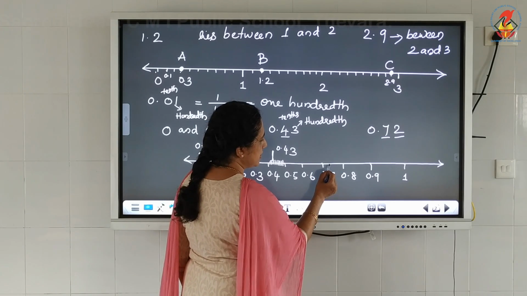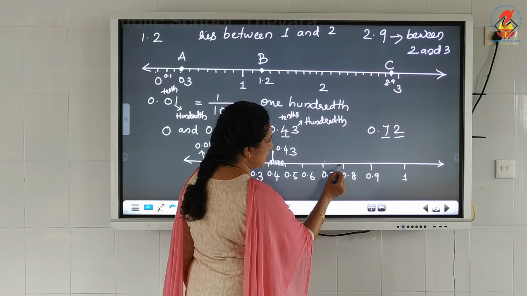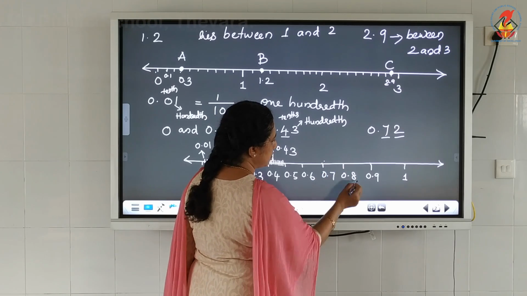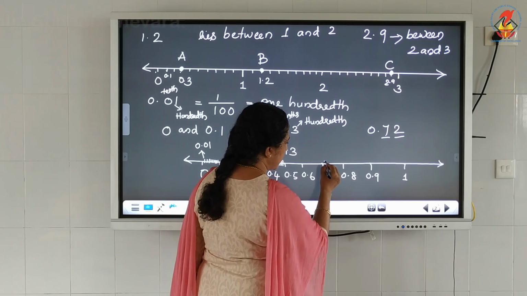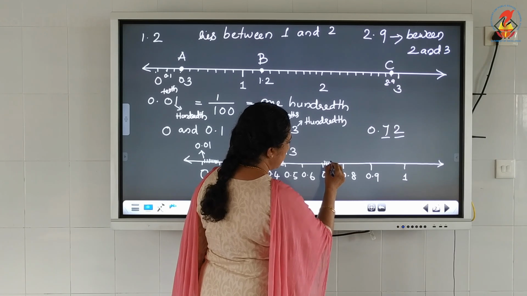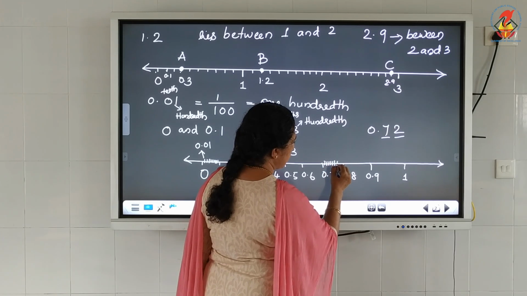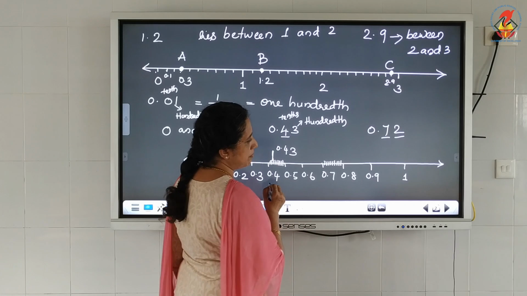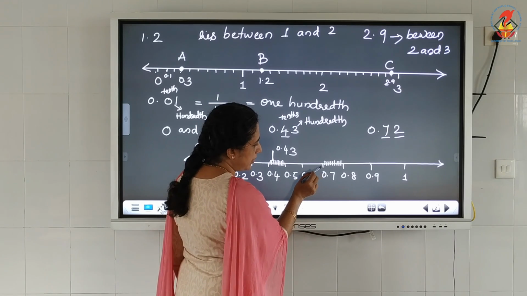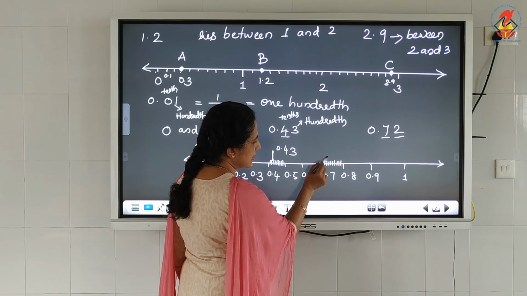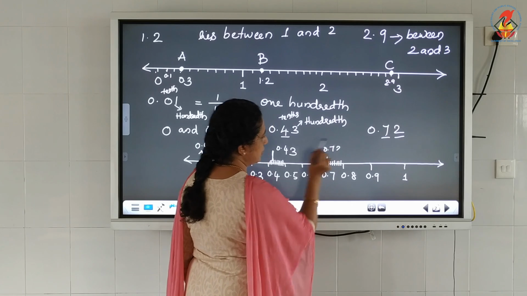The distance between 0.7 and 0.8 should be divided into 10 equal parts. The first part will be 0.71 and the second part will be 0.72.